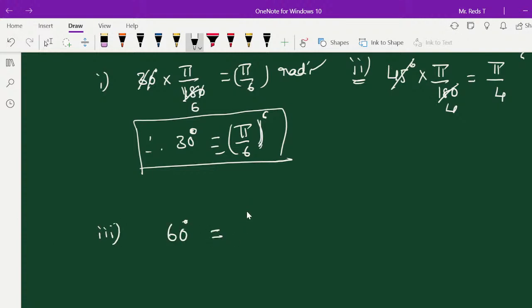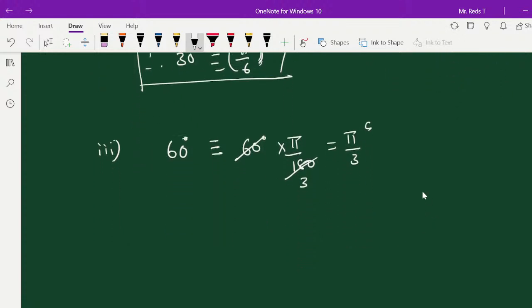How to convert this into radian? This is identical to the given angle in degrees into pi by 180. 60 ones are 60, 60 threes are 180, right? So 60 degree is identical to pi by 3 radian.